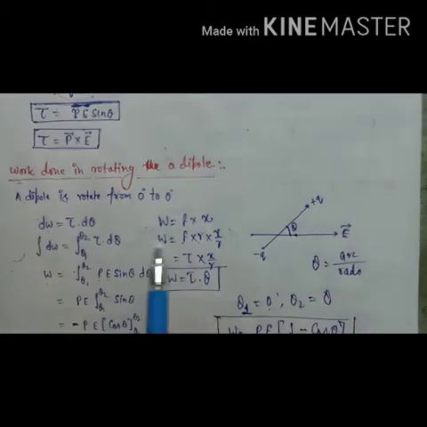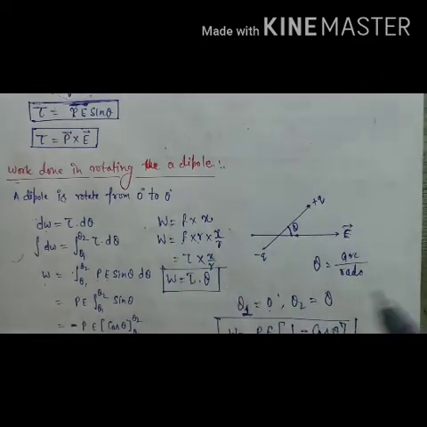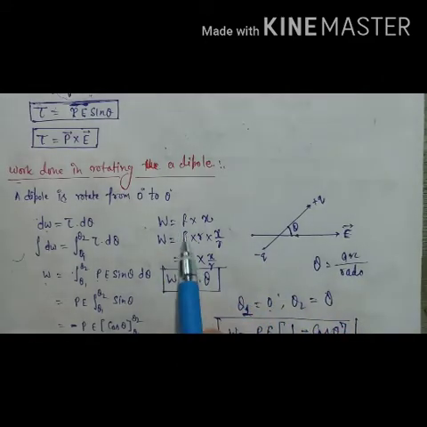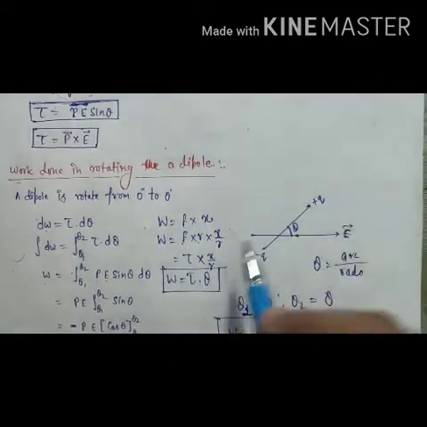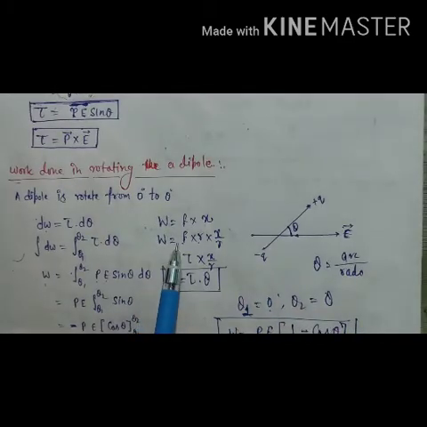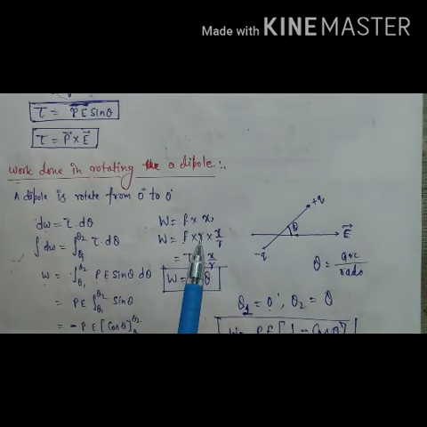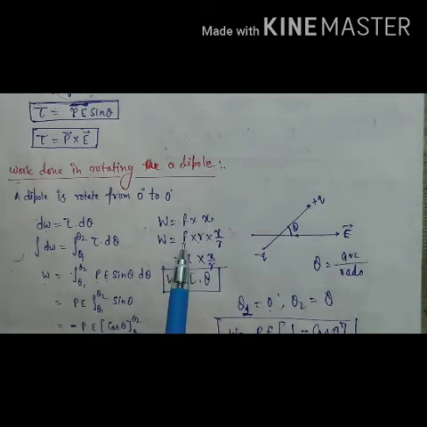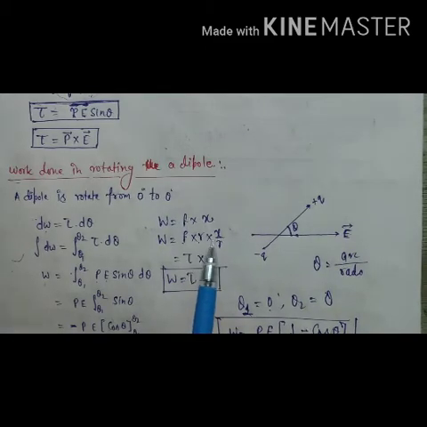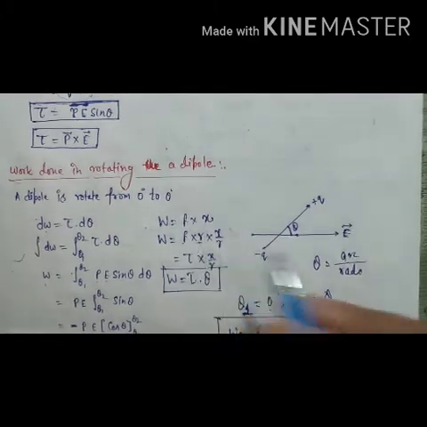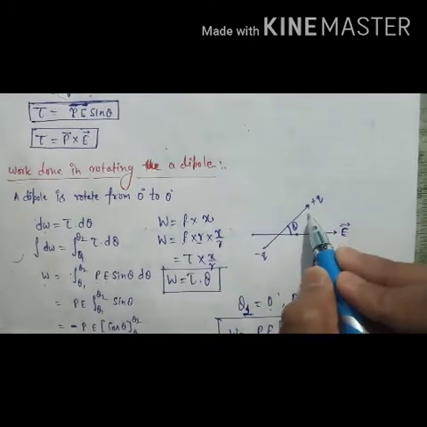We know that work is equal to force into displacement. Here the displacement is x. Dividing and multiplying by r, W is equal to force into distance multiplied by x upon r, and this r is the perpendicular distance.